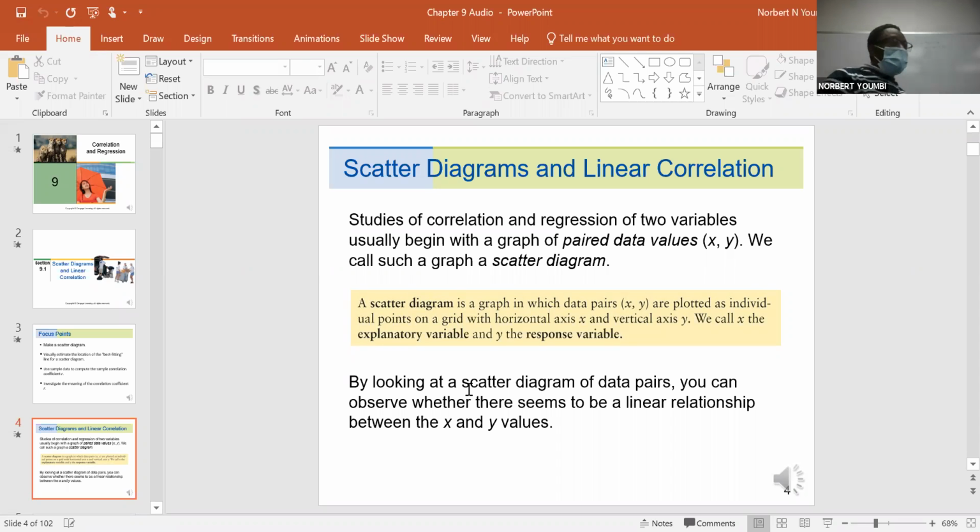For example, we may want to determine if there is a linear relationship, but in a simple correlation, there is one dependent variable and one independent variable.